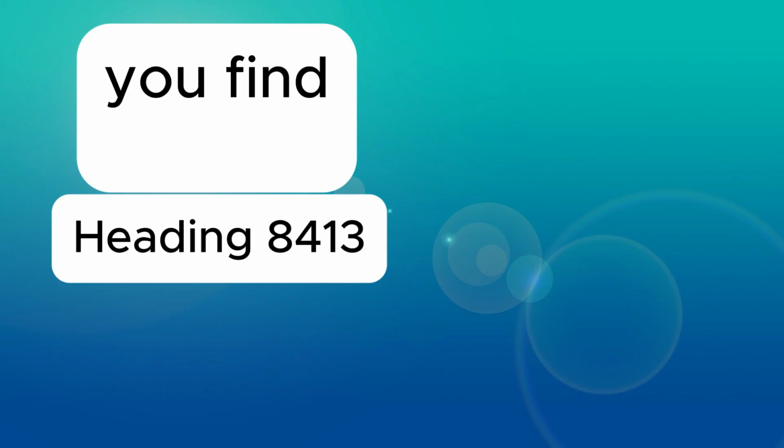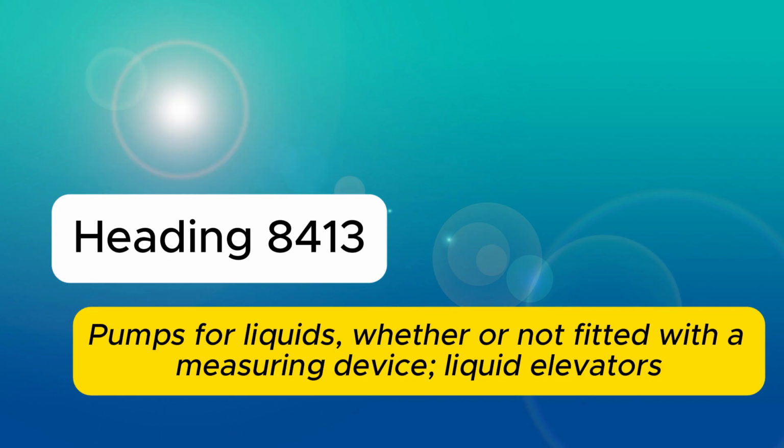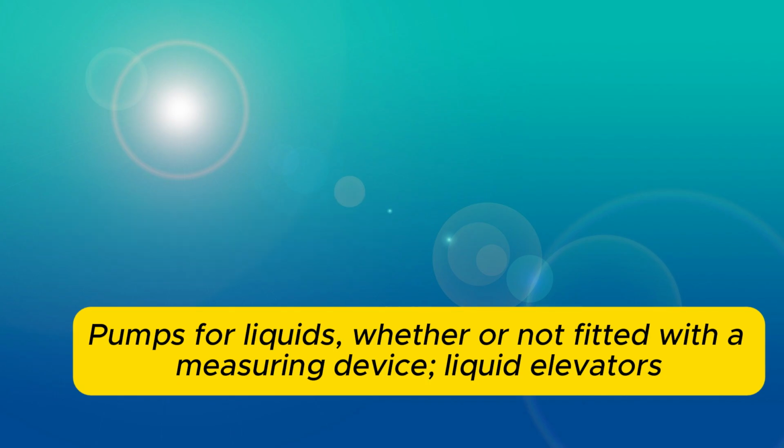It says pumps for liquids, whether or not fitted with a measuring device. This matches the product's function exactly. This is the correct heading of the product in the tariff book. So the heading selected is 8413.